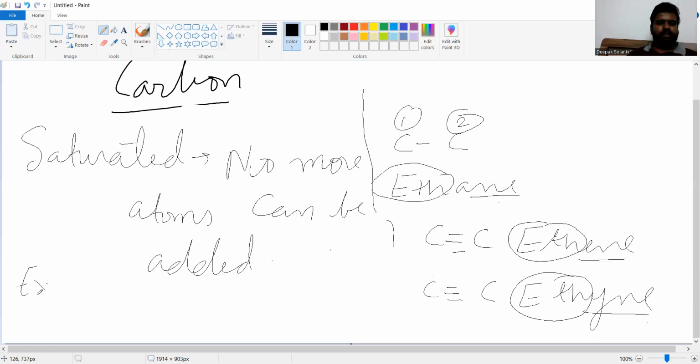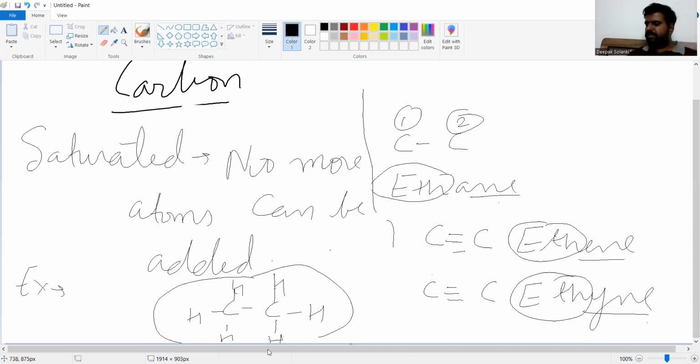Example, I can take the case of ethane, C-C. You can say it completes the valency of both carbons. So there is no extra place for hydrogen. So these are saturated. All alkanes are saturated.